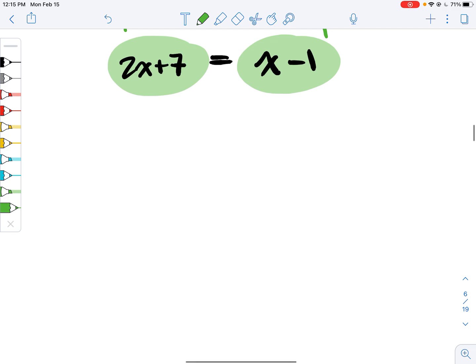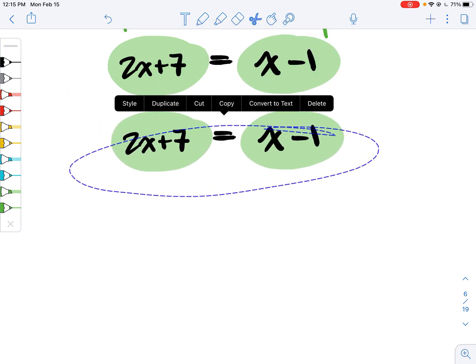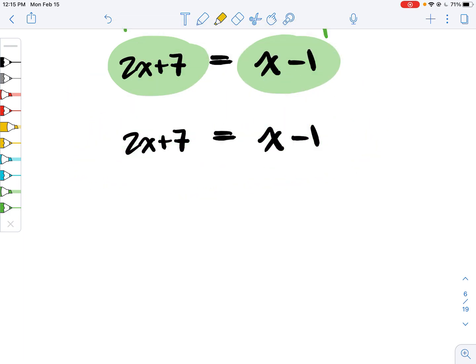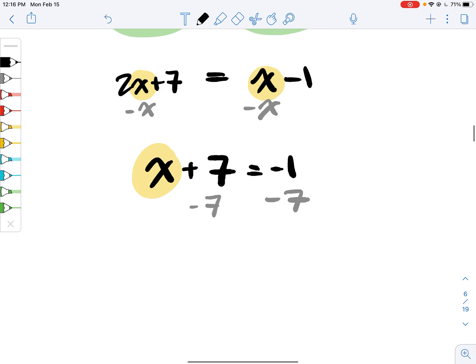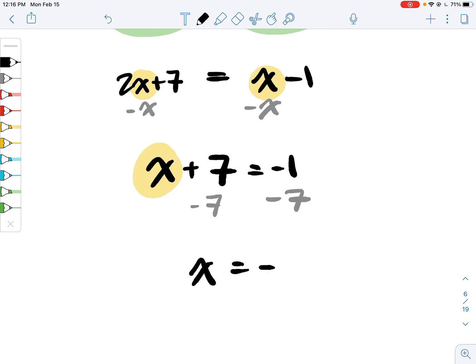Now I have this equation, and all I'm going to do is solve for x. I'm going to try to get x all by itself. The first step is to get all the x's on the same side, which gives me x plus 7 equals negative 1. I'm still trying to solve for x, so I'll subtract 7 from both sides, giving me that x equals negative 8. Yay, x equals negative 8, cool!